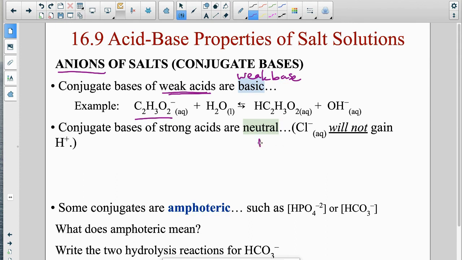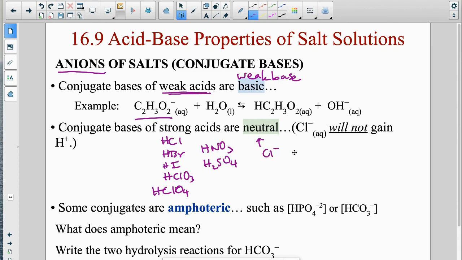On the other hand, the conjugate base of a strong acid, such as our strong acids here, HCl, HBr, HI, HClO3, HClO4. We also have HNO3 and H2SO4. These are neutral, right? All of the conjugates of these strong acids are neutral.